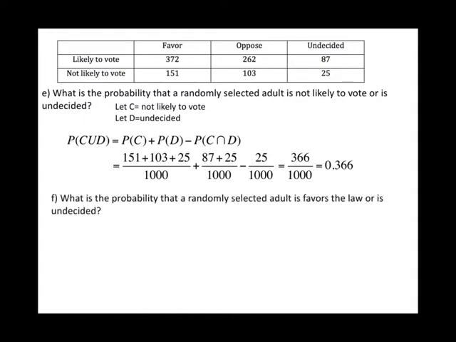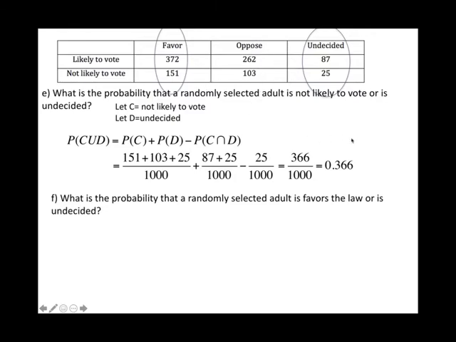Okay, F. What is the probability that a randomly selected adult is in favor of the law or is undecided? Again, that's a probability working with or. So think about it, mutually exclusive event or not mutually exclusive. Circle it, favor the law, undecided. Do they have an intersection? No, right? This is disjoint, right?